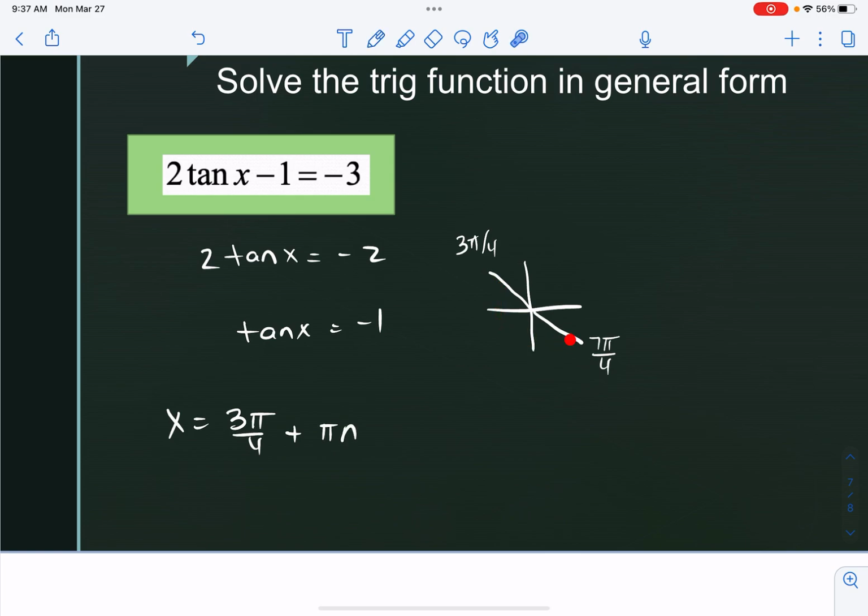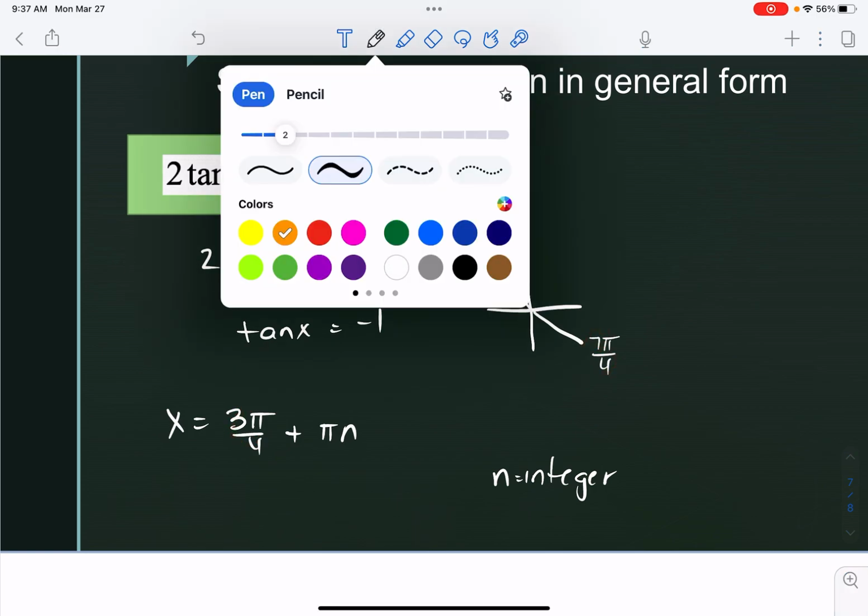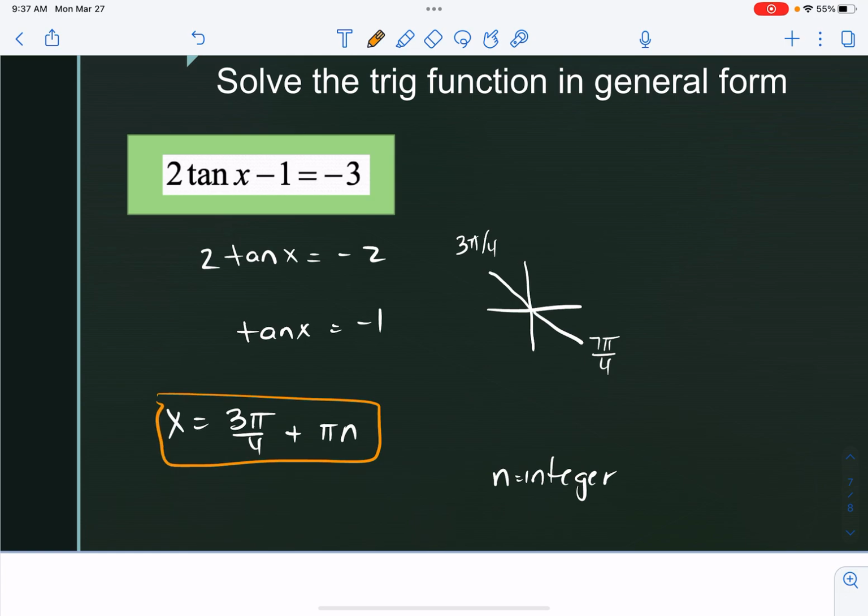It's pi here. And n is an integer. So notice that if I put n to be 1, I'll end up with the 7 pi over 4, because pi plus 3 pi over 4 will give me the 7 pi over 4. So when it's tangent, we usually just use the one that's right across from it and then just put plus pi n. Good job.